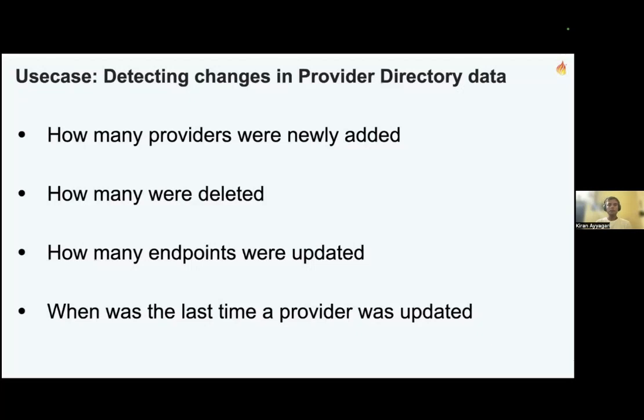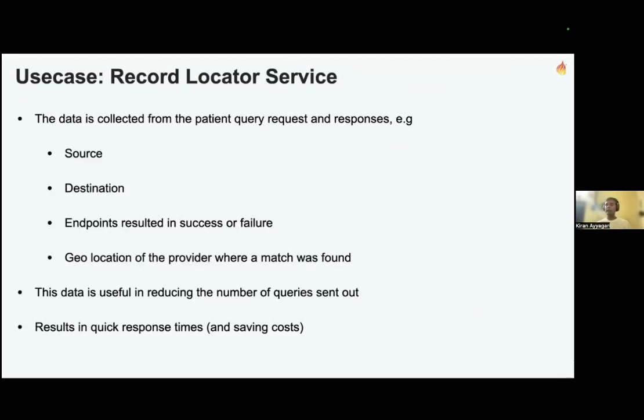This is one that is actually very actively used right now in the environment of a client that I'm working for. And the other one is a very ambitious one, and it's a pretty big effort currently underway: building a record locator service. What the record locator service lets us do is give us hints, or some level of confidence, in identifying where a particular patient's data can be found.